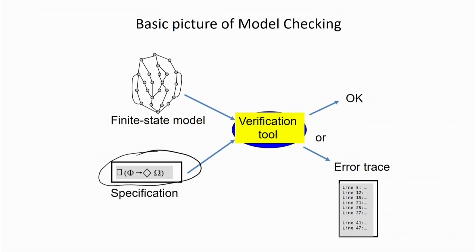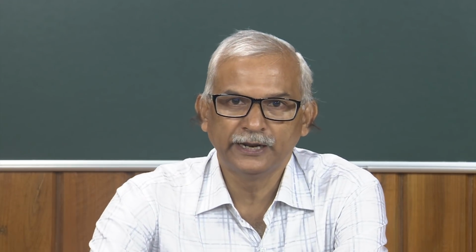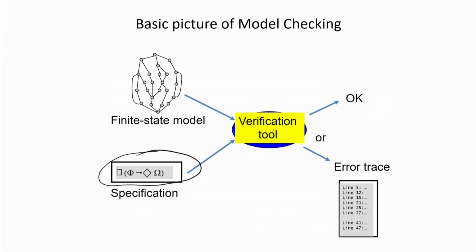If the property is satisfied, then the verification tool will give us OK. If the property is not satisfied in the model, then what will happen? It will give us an error trace. It says that if you follow this particular trace, then your property is not verified.